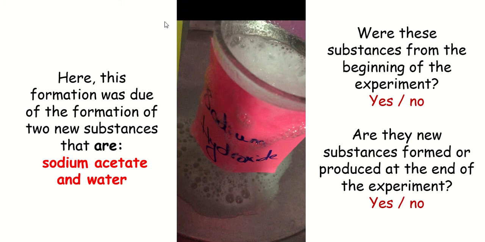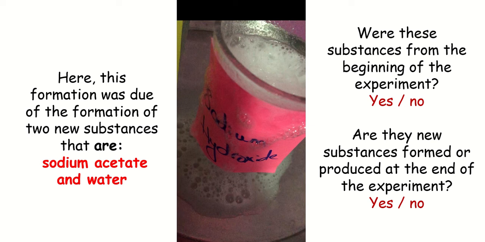So also, the substances that are produced at the end of the experiment have a chemical name. This name is called products. Products come from the word produce, to form. Something to be formed.